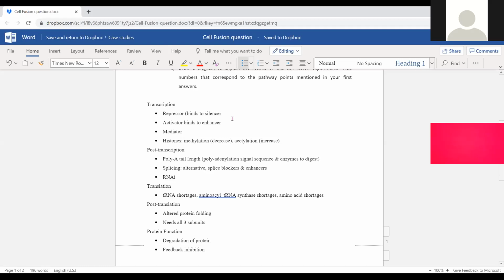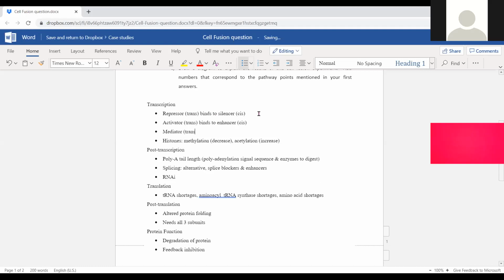So the repressor can move around, but any DNA sequence can't move. It's considered a cis element. Same thing, an activator is a trans-acting element. It floats around, but the enhancer sequence is stuck in place.